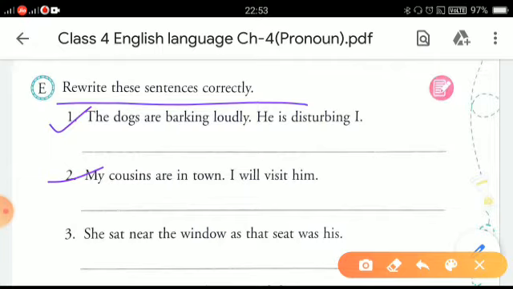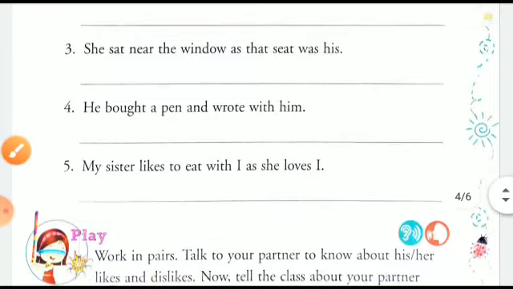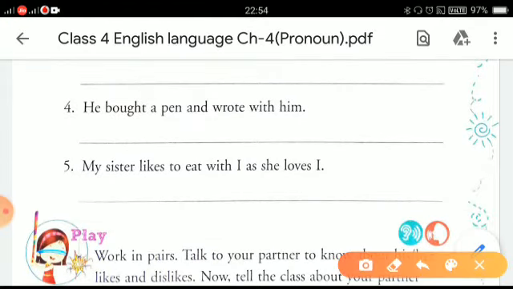She sat near the window as that seat was his. And the correct one is, she sat near the window as that seat was hers. Now the next one is, he bought a pen and wrote with him.